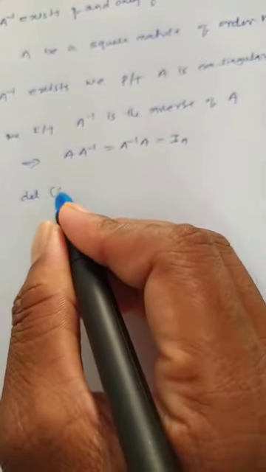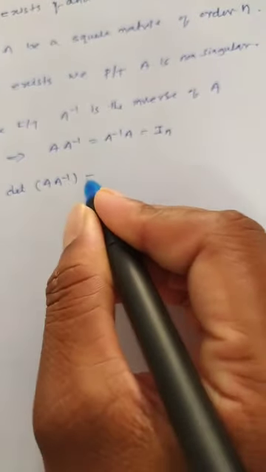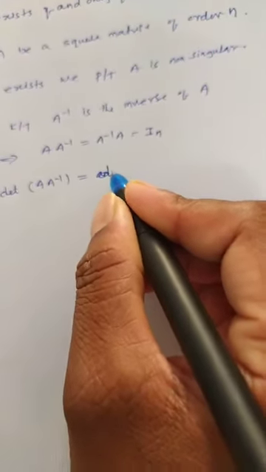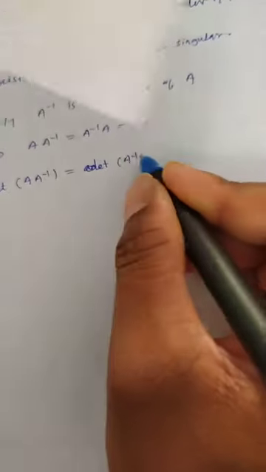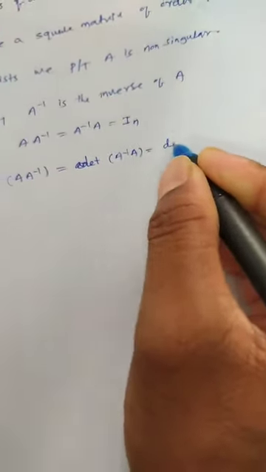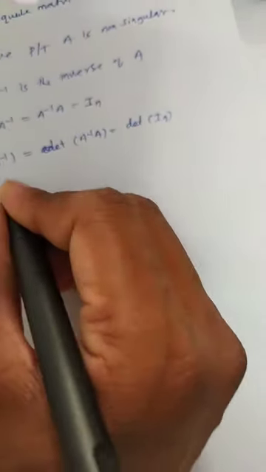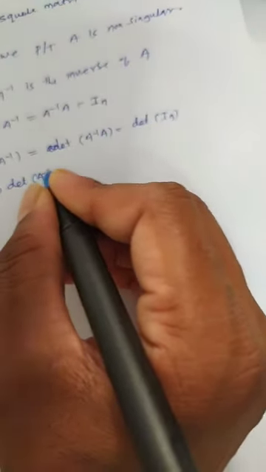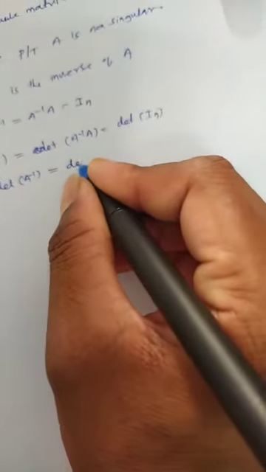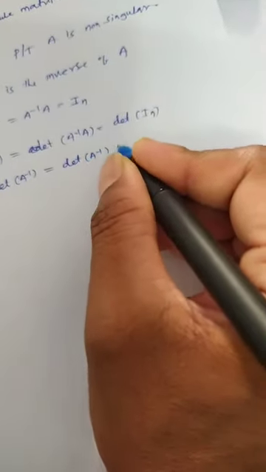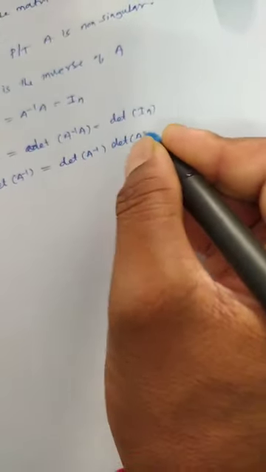So I am applying determinant on both sides: det of A into A inverse equals det of A inverse into A equals det of In. So det A into det of A inverse equals det A inverse into det A equals det of the identity matrix, which is always 1.